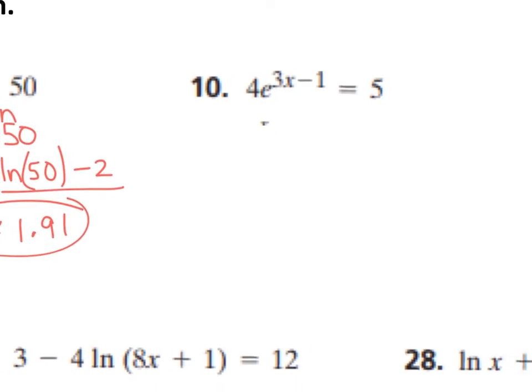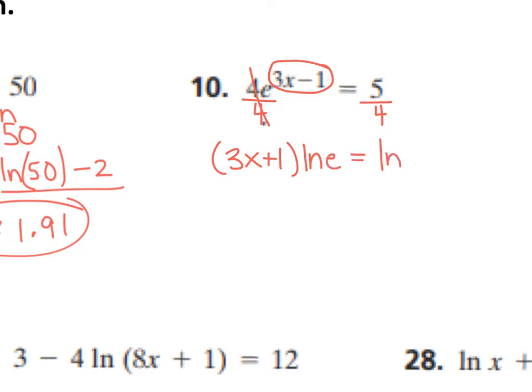Okay, the next one, I'm going to have to divide both sides by 4 to get the base of the exponent by itself. Now, in one step, I'm going to put the 3x plus 1 out front, and then I'll have the natural log of e equals the natural log of 5/4. So remember, natural log of e cancels out.